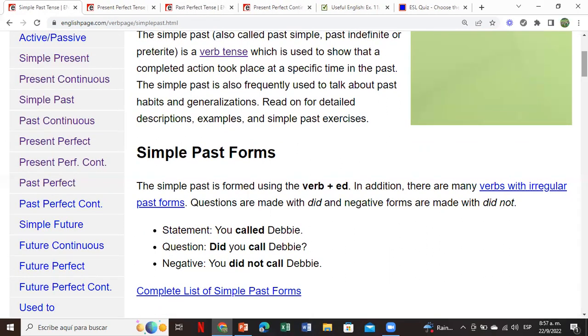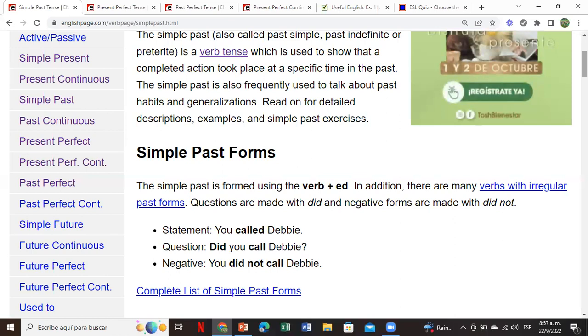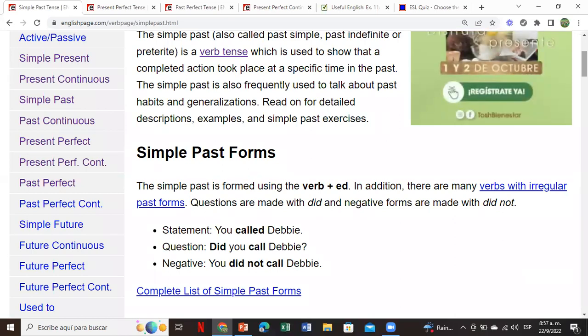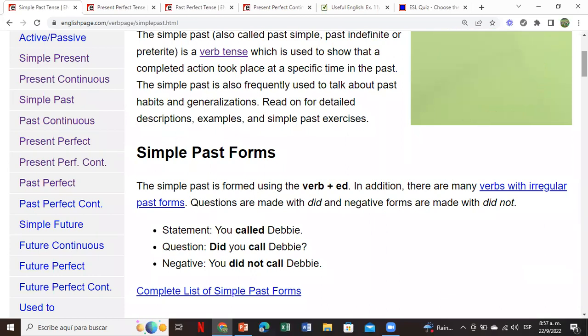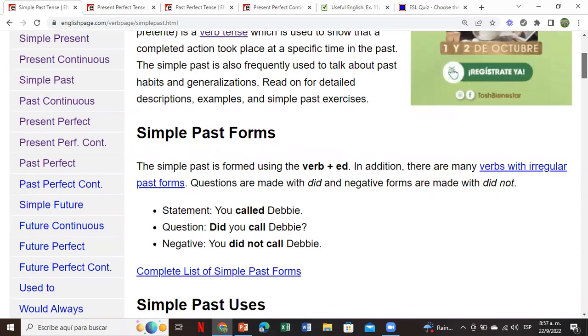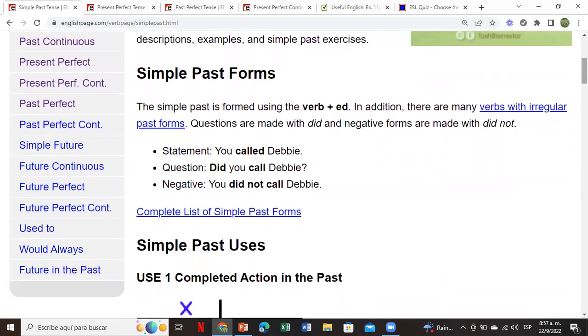The simple past is also frequently used to talk about past habits and generalizations. Read on for detailed descriptions, examples, and simple past exercises. Thank you so much. I really appreciate it.